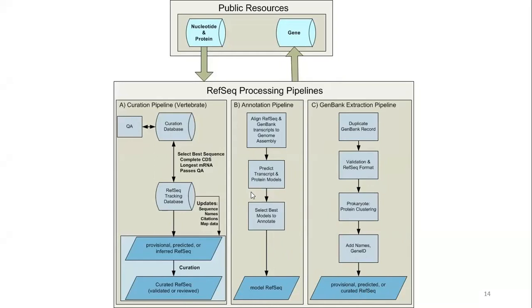On the other hand, if it is a transcript entry, first there would be alignment of reference sequence and GenBank transcript to genome assembly. Now you might be wondering what this genome assembly is, or how we align to it.